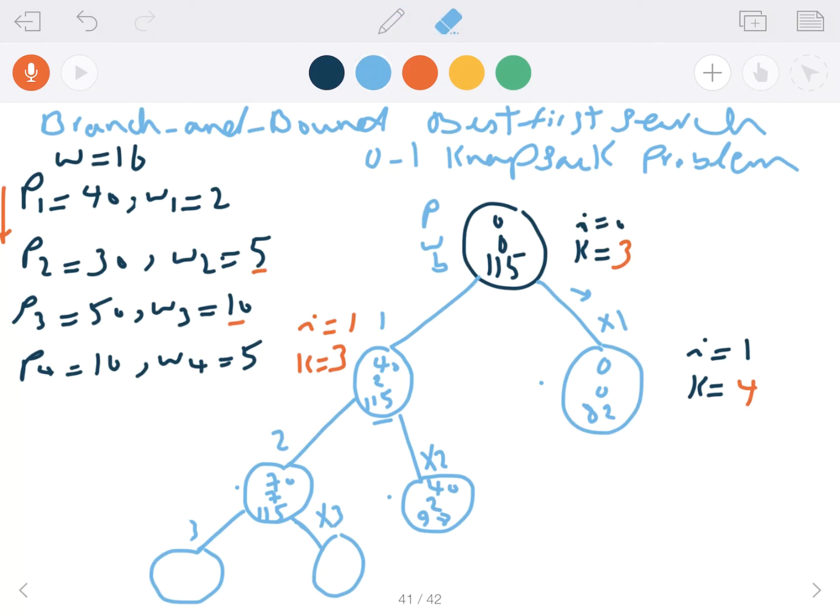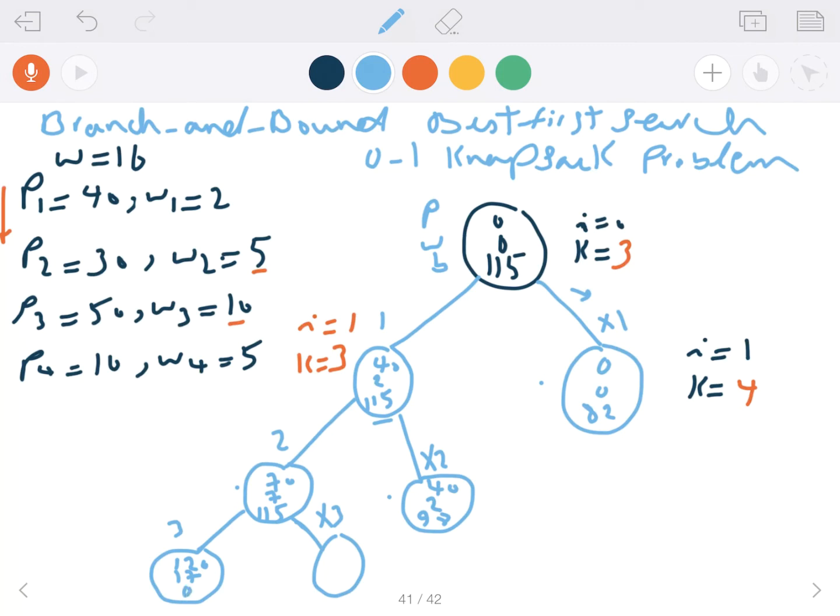If we include item number 3, then the total profit is going to be 120, but our weight is going to be 17, and the bound will decrease to 0.